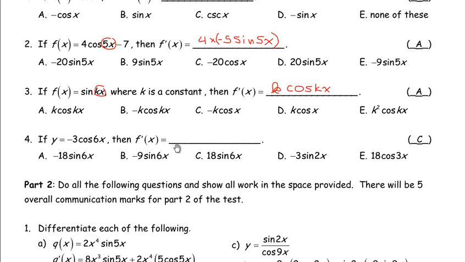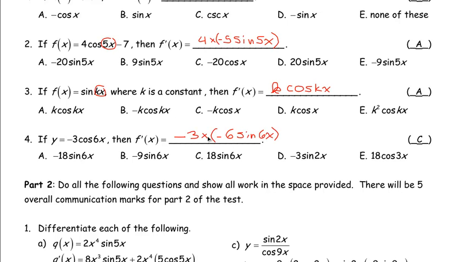And last multiple choice, number 4. If we're differentiating negative 3 cos 6x, we start with the negative 3 times, and maybe we'll put this in a set of brackets. The derivative of cosine is negative sine, so we'd have a negative sine of 6x, and we multiply that by the derivative of the 6x, so it would be negative 6 sine 6x.